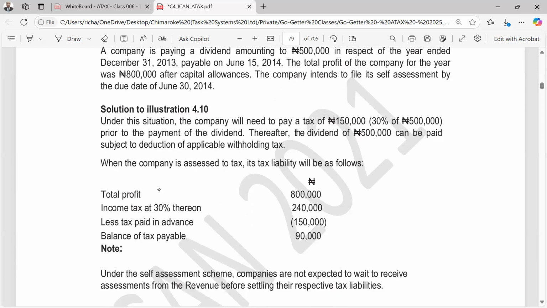Now, when the company is assessing itself to tax, the company has identified that 800,000 is the total profit, right? Out of which 30% is 240,000. This is your tax you're supposed to have paid. But because you have paid 150 before as dividend tax, the balance you are going to be paying is 90.